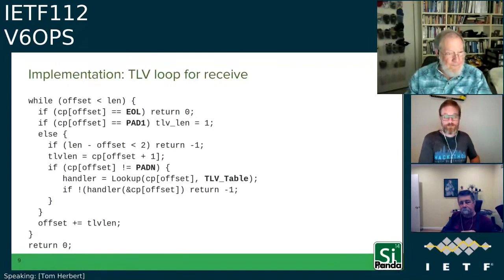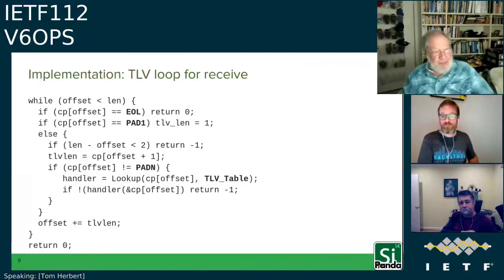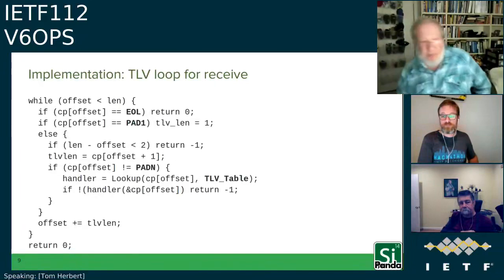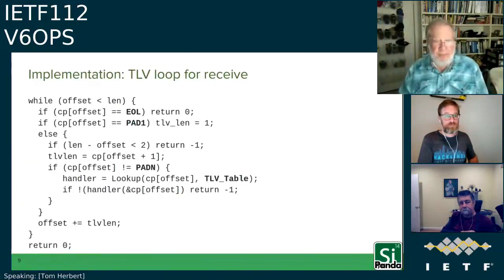But presuming that we don't want to do that, this is kind of what the canonical loop that implements TLVs would look like. In this case, we assume that this is the standard 2-byte TLV header. So the first byte is the type, the second byte is the data length. So we look at the first byte.